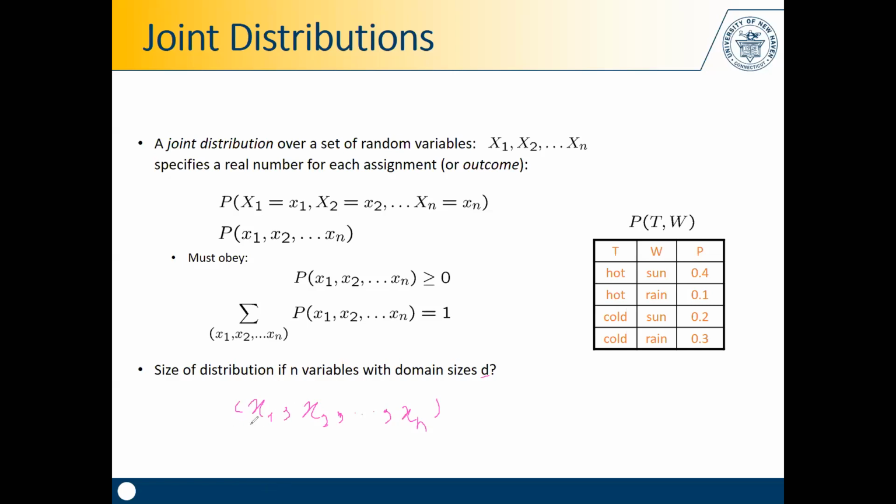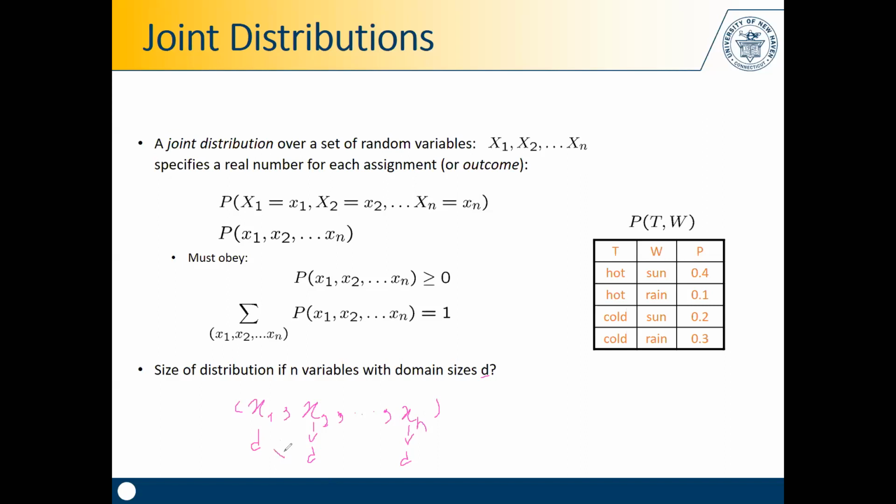The first item in this sequence can have D different assignments. What about the second item? It's the same, right? It can also have D assignments. What about the nth option? It also has D possible different assignments. So how many different assignments in total can we have for this sequence or for this tuple?